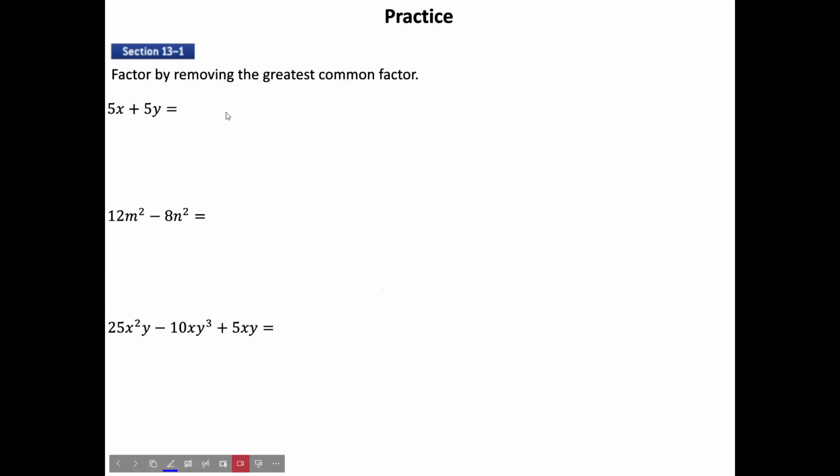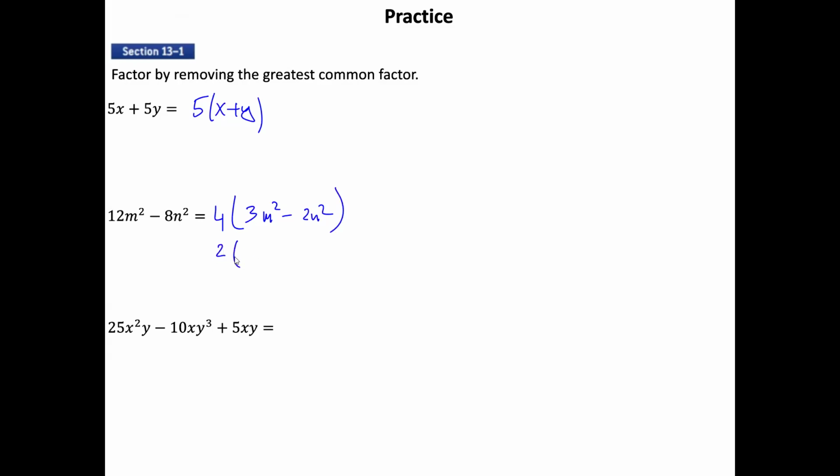Okay, practice. This one is easy, 5, right? This one, what is that? 4. Okay, let's take 4. 3m squared 4m minus 2n squared. That's it. What if I take 2? Oh, sorry, 2, it's not going to work. That's basically it, right? I cannot do anything.